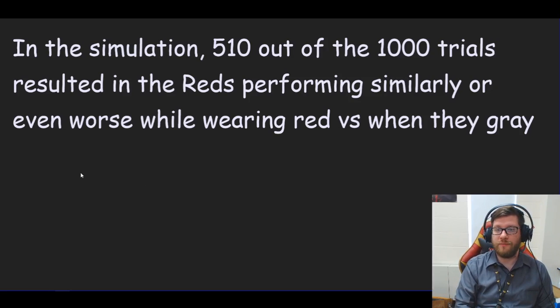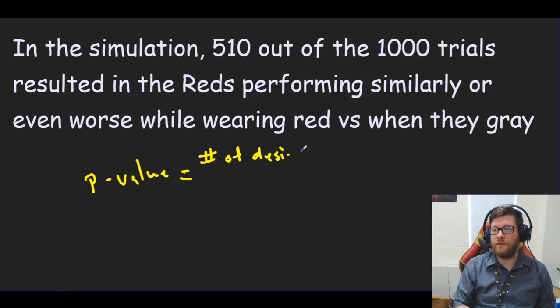So to calculate a p-value, whoops, I should probably grab a pen, huh? So to calculate a p-value, our p-value is always going to be the number of desired events divided by the number of trials.